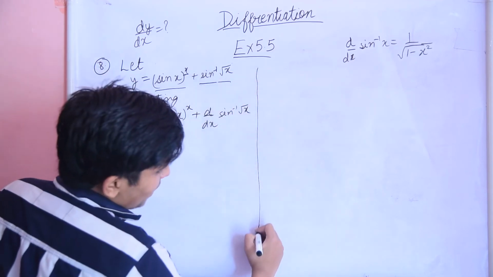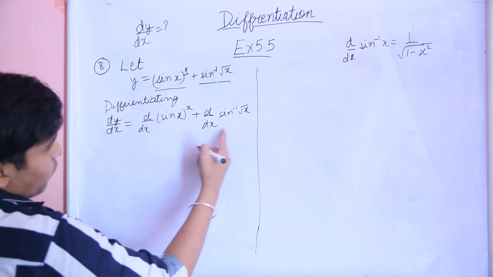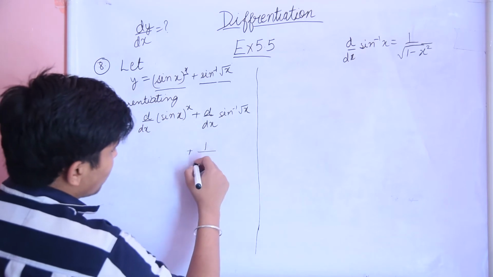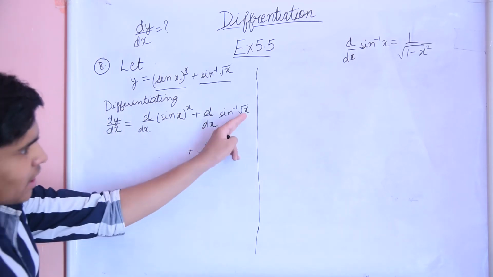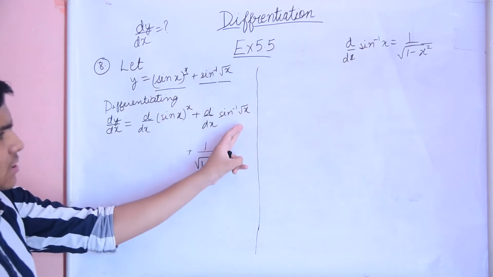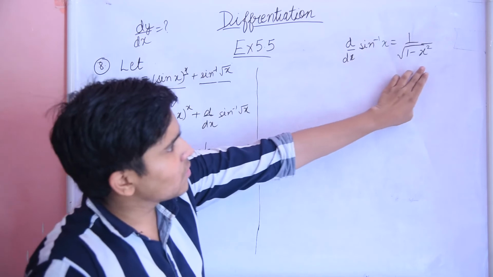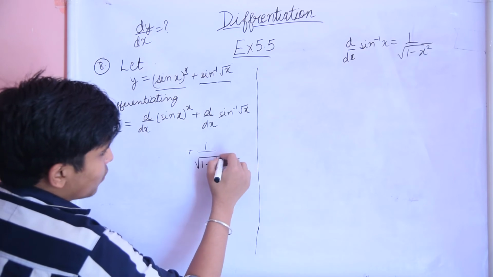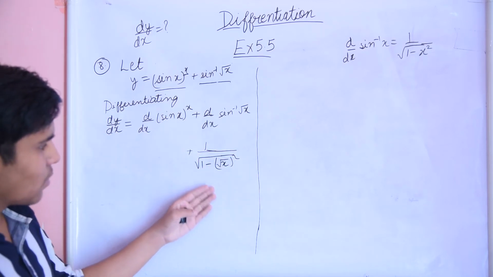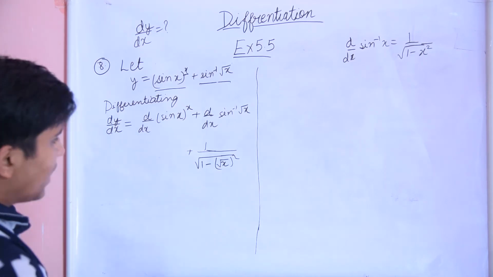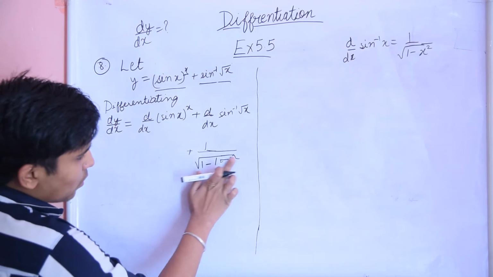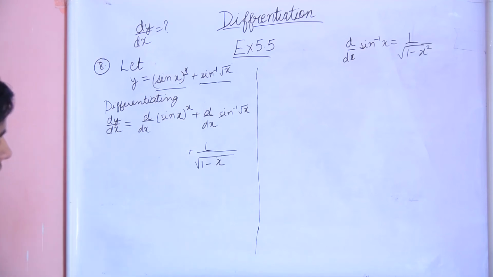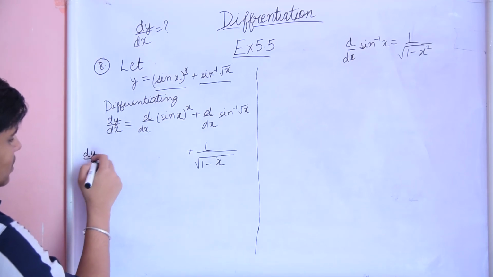So doing this in a separate partition, for this side we will have d by dx of sin inverse root x will be 1 upon under root 1 minus, here in place of x we have root x.